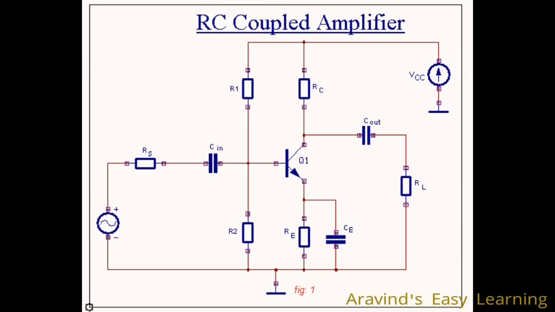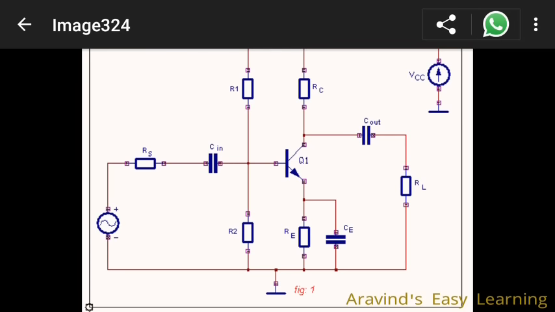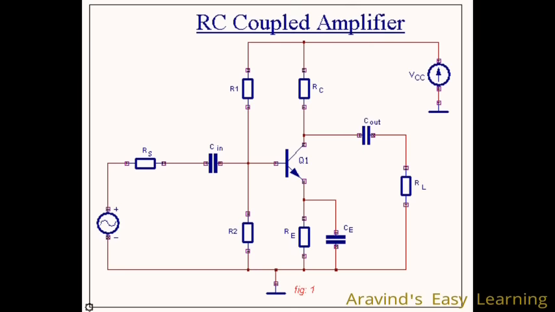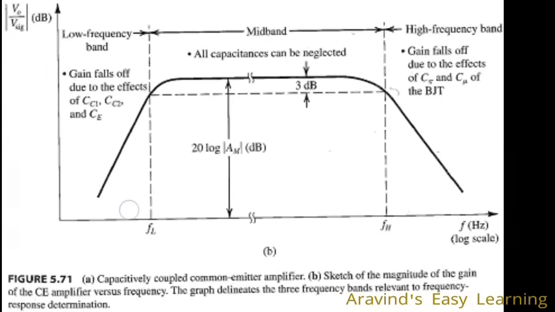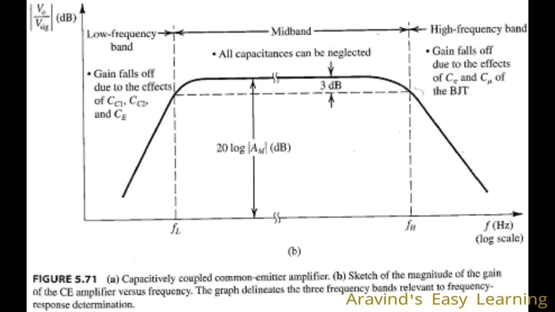There's reactance, the word is reactance. So this reactance produces some drop. So a part of the input gets dropped here, part of it gets dropped here, and also the CE doesn't provide sufficient bypassing action. So this causes the gain to reduce, and this is why gain reduces at low frequencies. Understood?